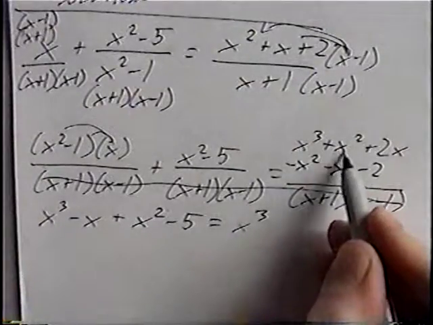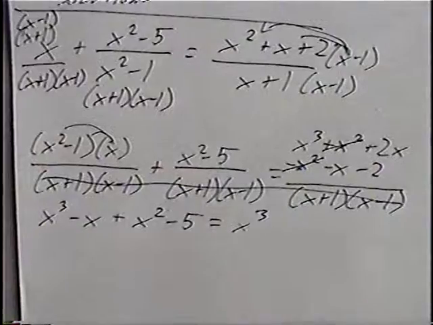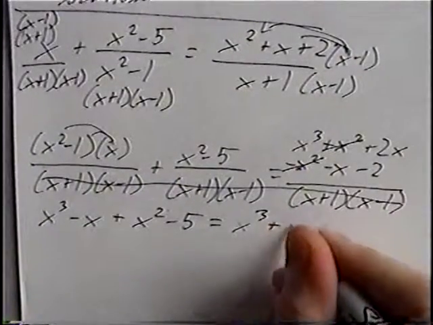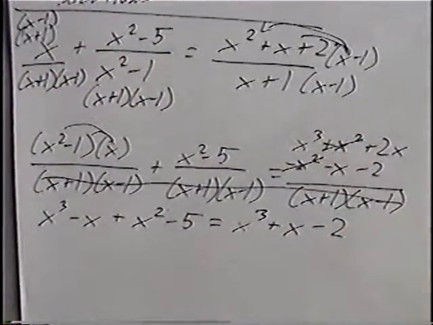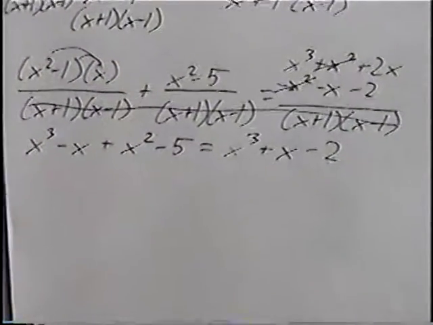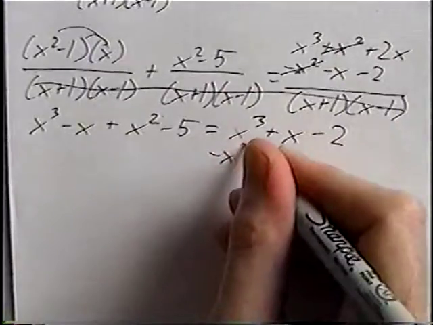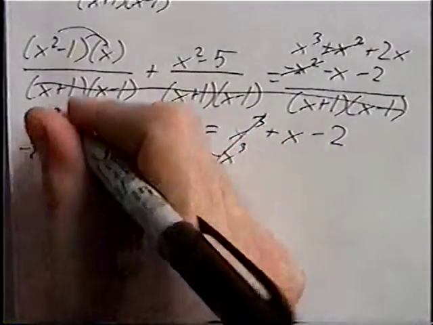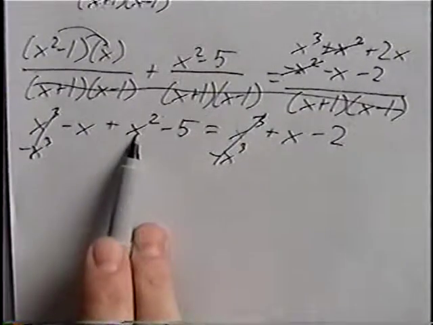The x squareds actually cancel out, positive x squared and negative x squared. 2x minus x would just be 1x or plus x, and minus 2 on the end. Solving this equation, the x cubes cancel by subtracting on both sides. And then we're left with x and x squared.